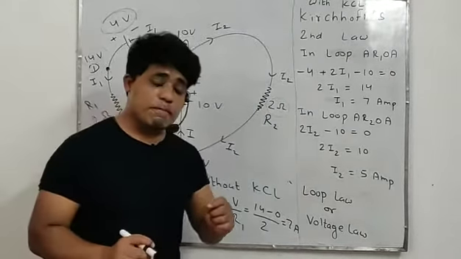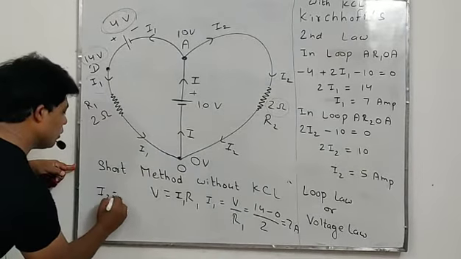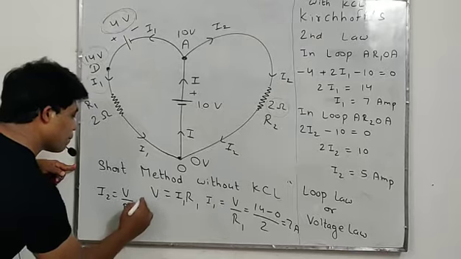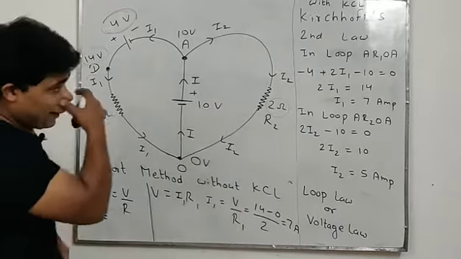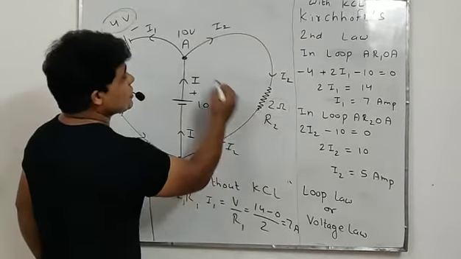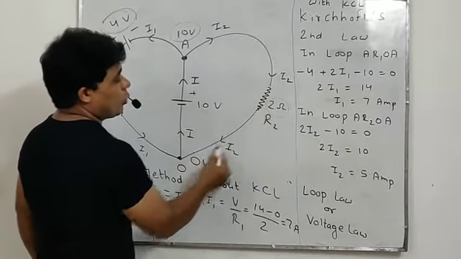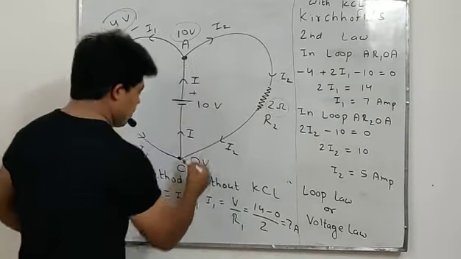Look, we can also find the value of I2. How can we find I2? I2 will be V by R2. What is the potential difference? A point has 10 volt and O point has 0 volt. This lies between A and O, so the difference at A and O is 10 minus 0.